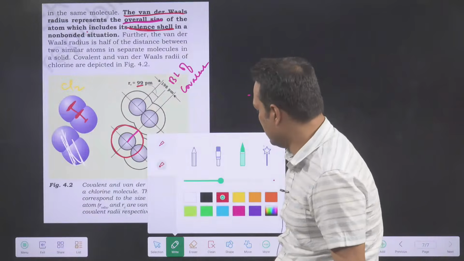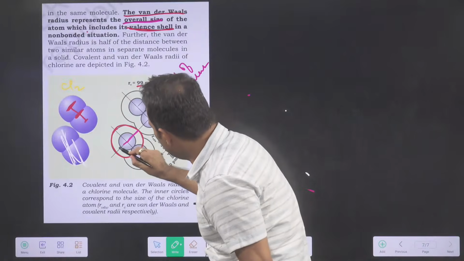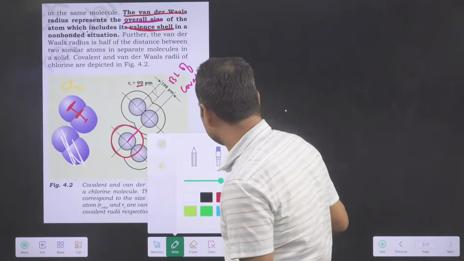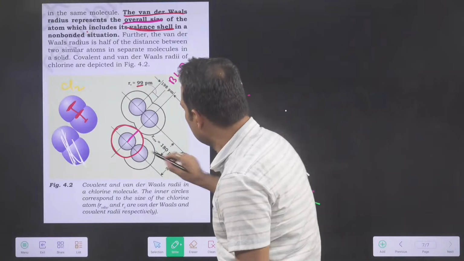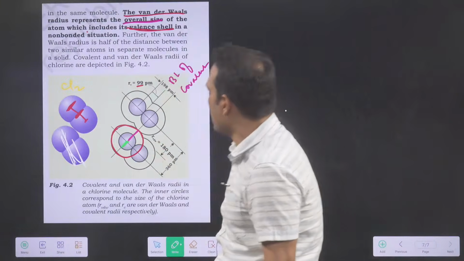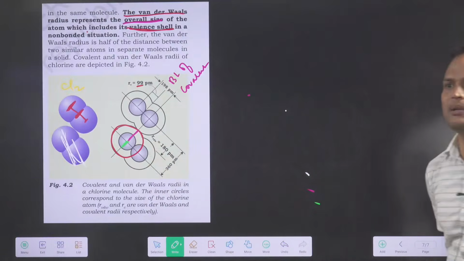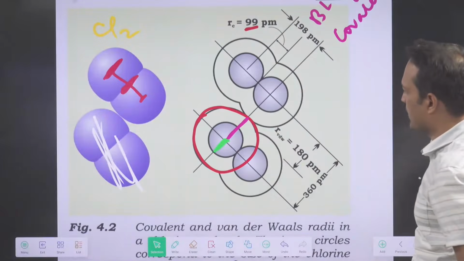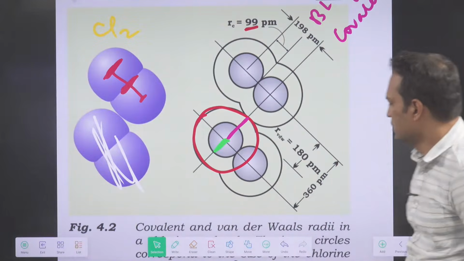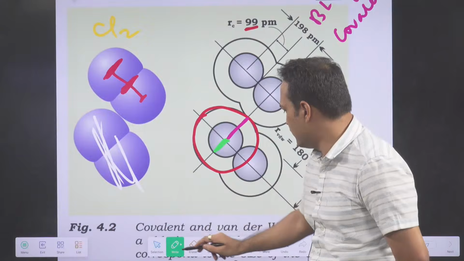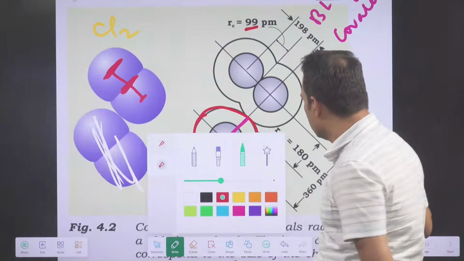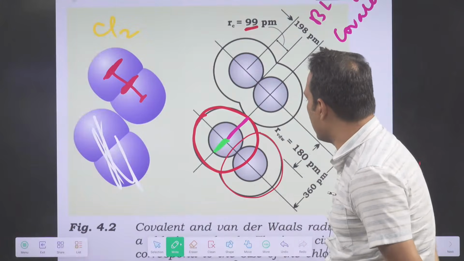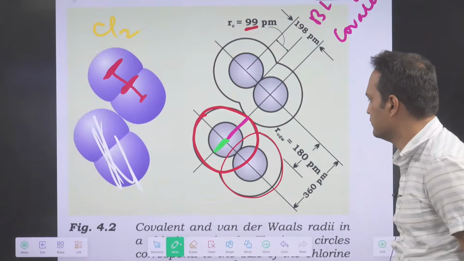Now I will ask you one thing. By color you will come to know what is happening. If I ask you what the green color is representing, are you able to see? This is one chlorine atom. Everyone see carefully. This is the second chlorine atom. Both overlapping, some part common.